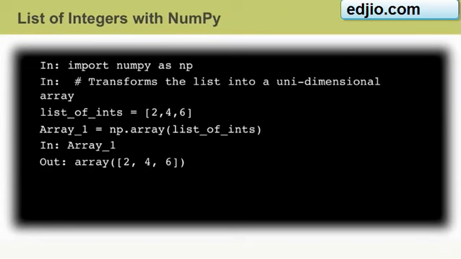First, the Python list of integers is created using square brackets with each element separated by a comma. Then a new object named array_1 is created with the purpose of storing our NumPy array. The NumPy array is created by calling the array function on our NumPy object np, and the Python list of integers is passed in as an argument to the function call.